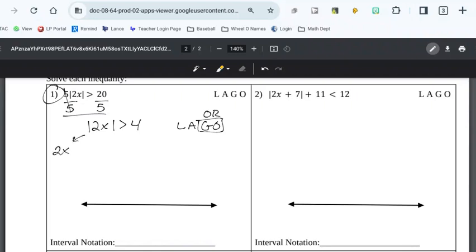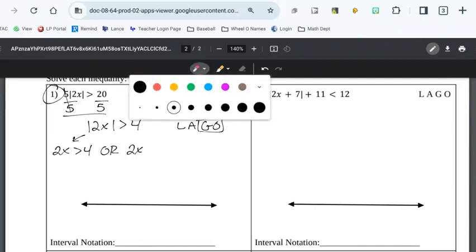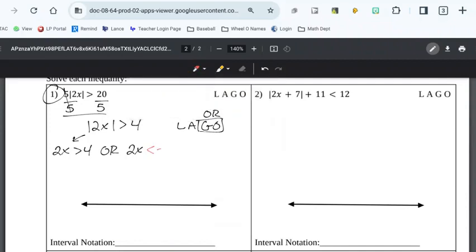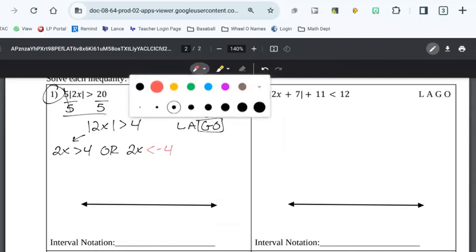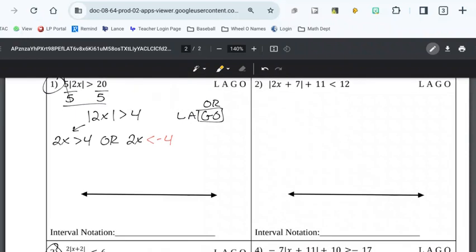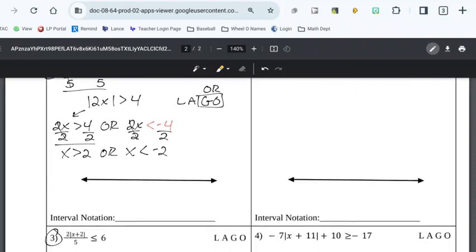So we can split: 2x greater than 4, or 2x, remember, sign flip, is less than negative 4. We divide by 2. We get x is greater than 2, or x is less than negative 2.